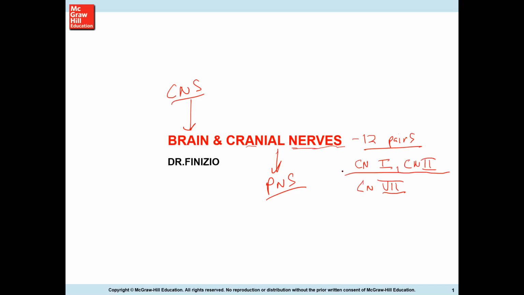Very simple, those two. But the rest of them have their nuclei. What's a nuclei? Nuclei is a group of cell bodies in the central nervous system. A ganglia, or ganglion, singular, is a group of cell bodies in the PNS. You get it? So cranial nerves, although the nerves themselves are peripheral, the nuclei are in the brain.